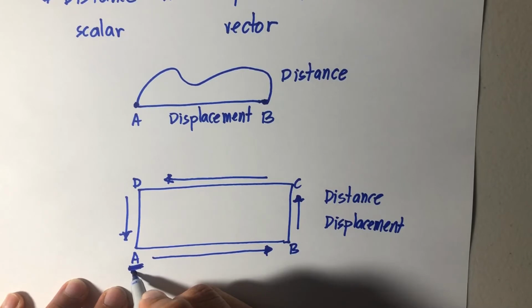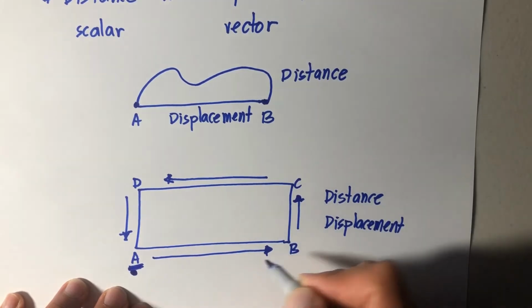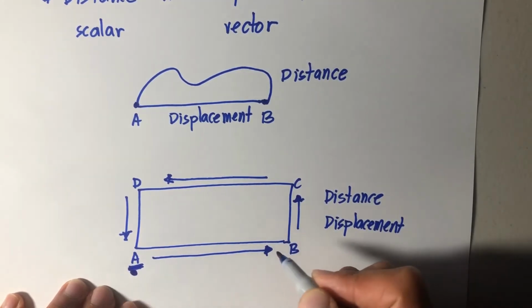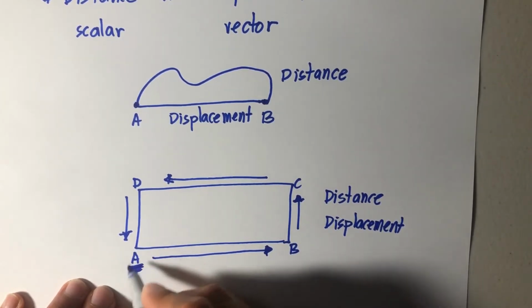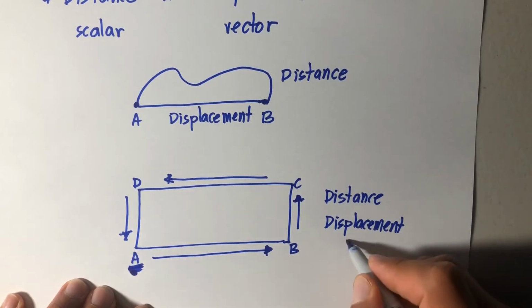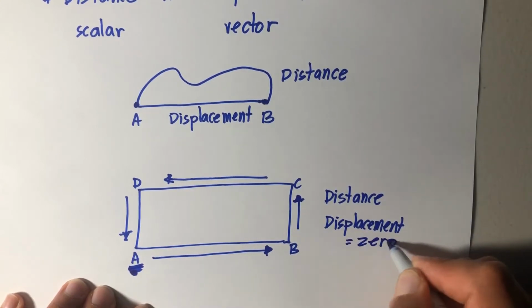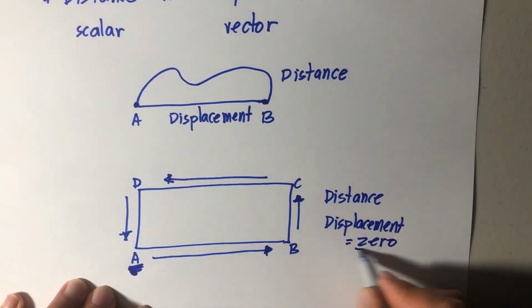Or is there a space displaced? And take note, this is the initial point, and at the same time, this is the final point. Therefore, displacement is 0.